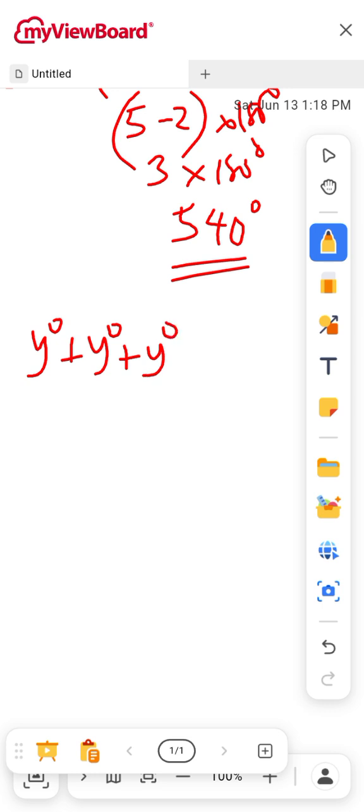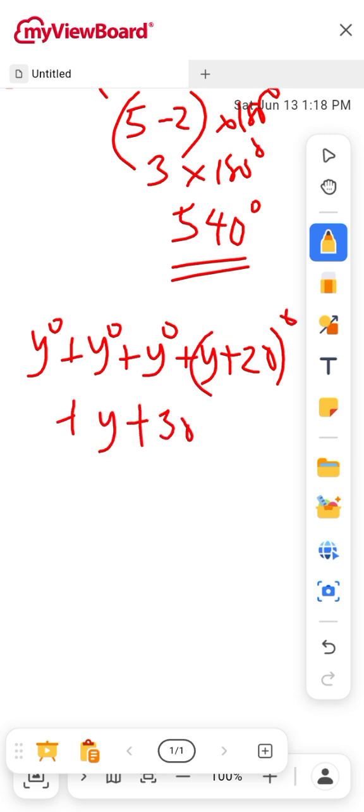We have 3y there, plus y plus 20 degrees, then plus y plus 30 degrees. Everything equals 540 degrees because this is a pentagon.